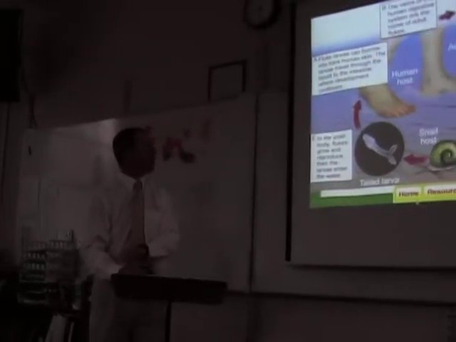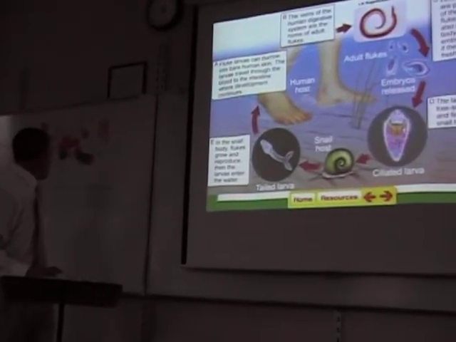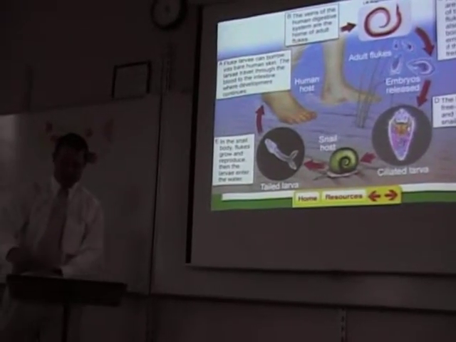When I say free-living, I mean that they can live on their own in the environment. They can swim around in the ocean or in streams. There is one type, a land flatworm, that can crawl around on land. I need to get a picture of that for you. I have one in my old presentation. I'll show that to you in a little bit. But that's the first class.